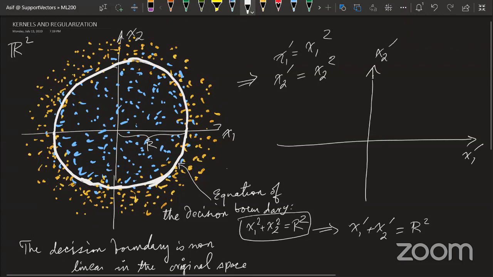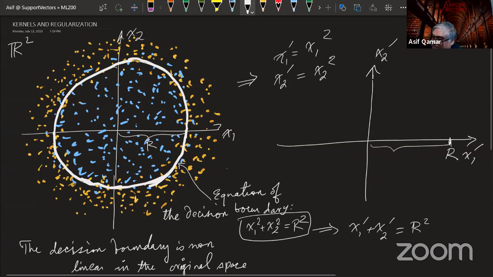If this is r and here also r, it will actually be this. This is the equation x1 prime plus x2 prime is equal to r squared, which essentially is the same equation. And so what you will end up with in the transformed space are things like this.